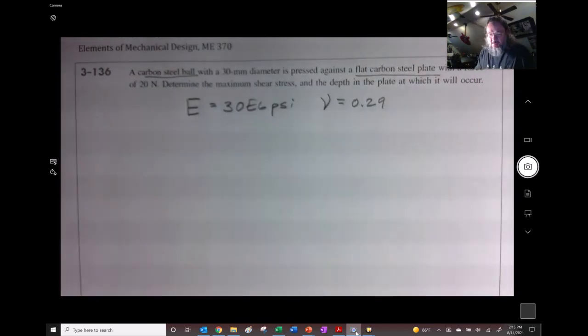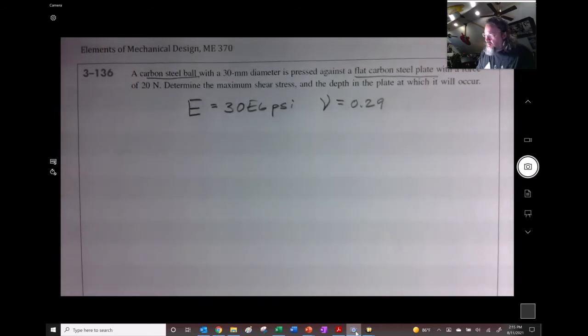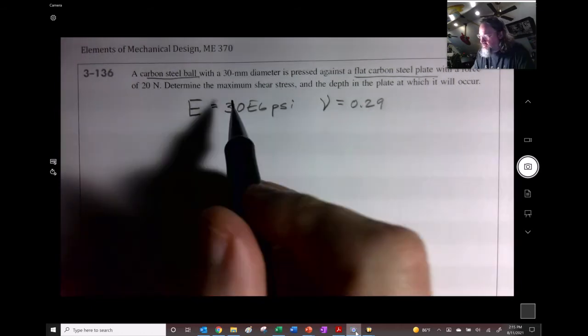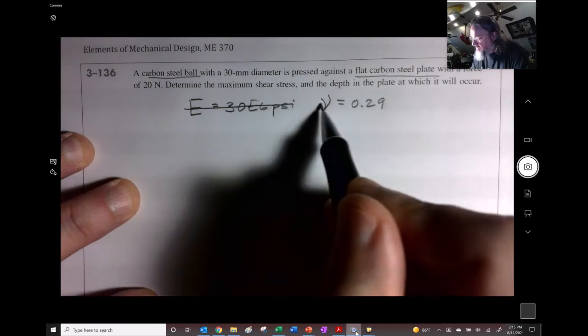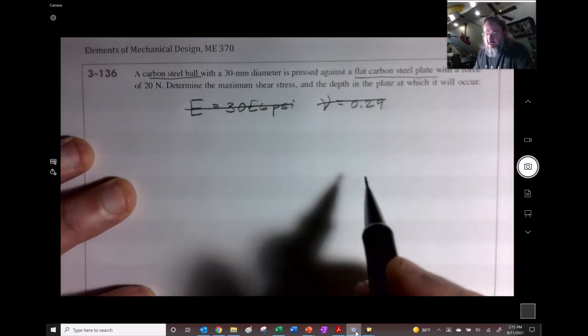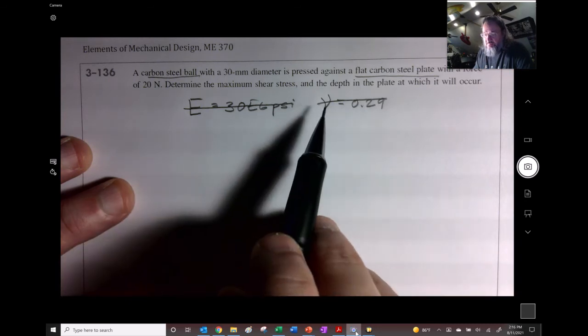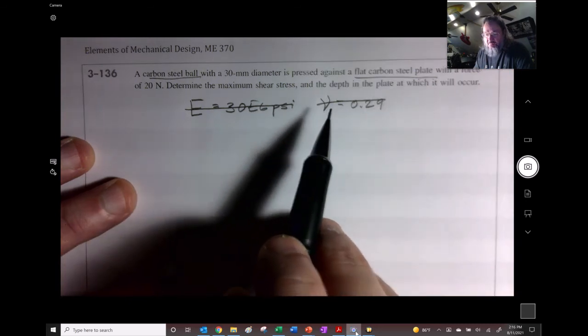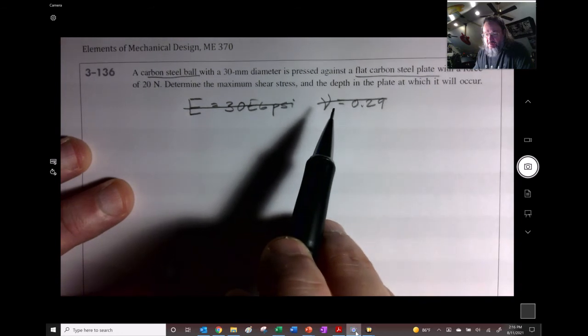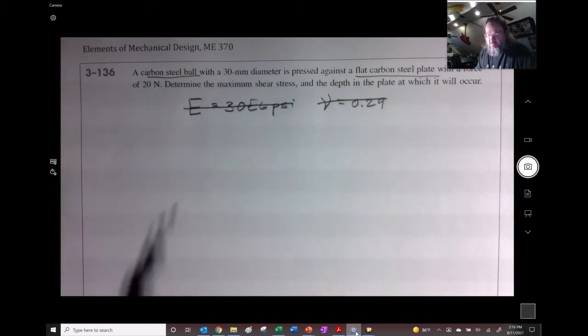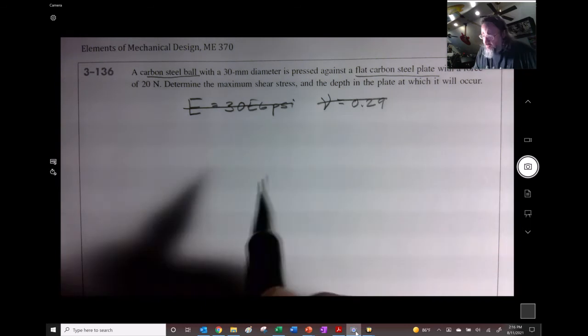But let's see. I'm looking at the wrong problem here. Oh, it's a 30 millimeter diameter. All right, so let me come back here. And carbon steel, interestingly enough, I decided to use 0.26 in my numbers for Poisson's ratio.